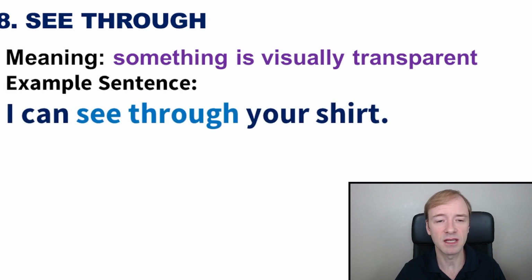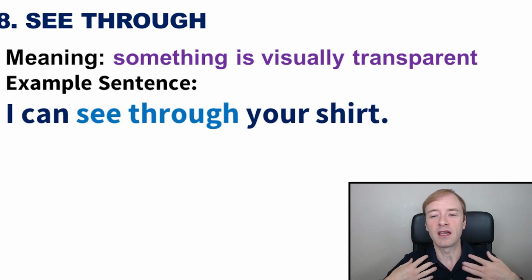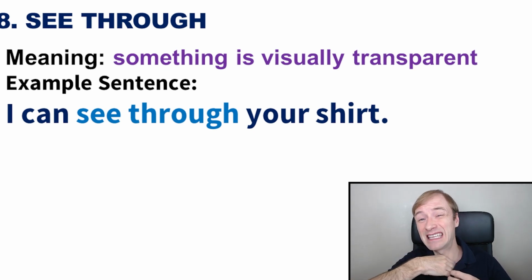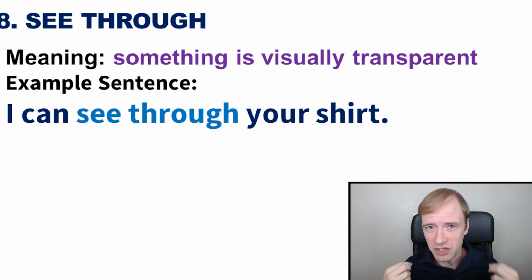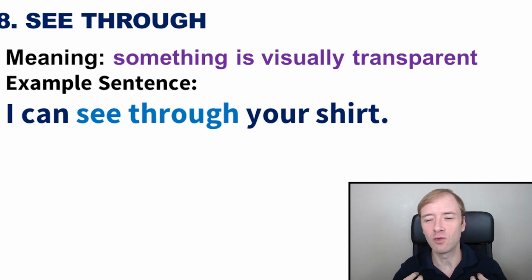And my example sentence here, I can see through your shirt. So if I had a shirt and you can see through it, you can see my skin underneath. All right. Now, you cannot see through this shirt. I don't want to wear a shirt that you can see through, and you don't want me to wear a shirt that you can see through. But if you could see through it, which means you can see through the shirt.